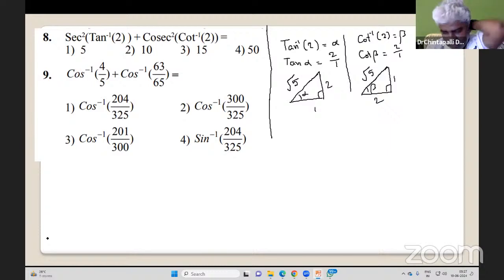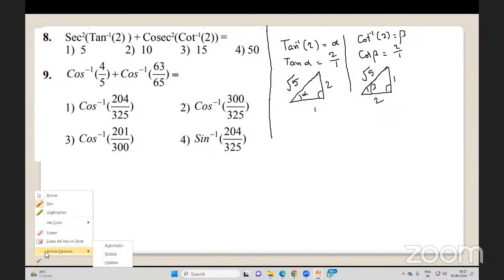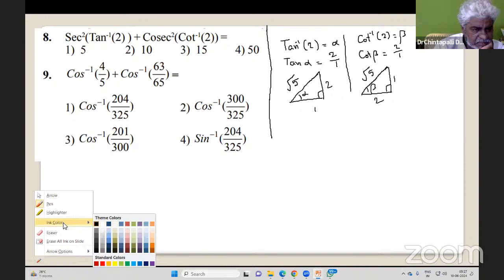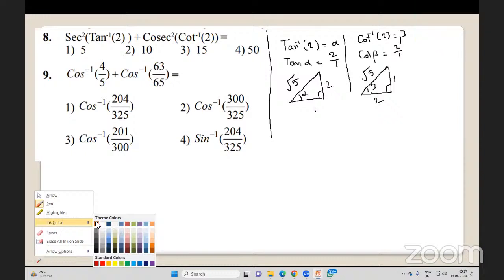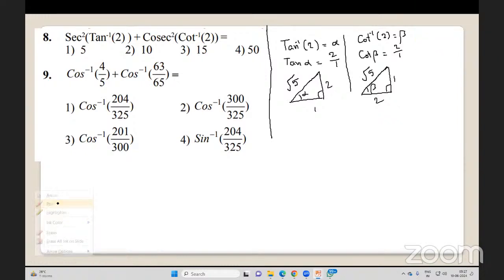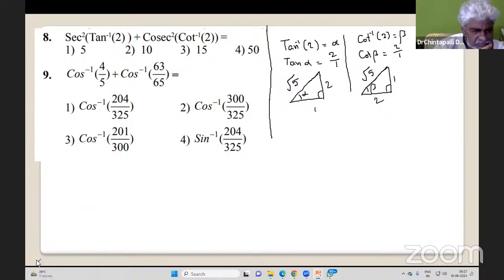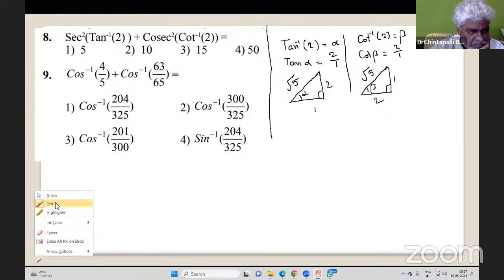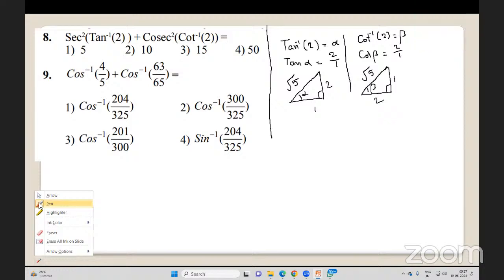Is there a way to get a thinner pen? I think you need to right click on the pen, sir, and there are options. Right click is not working there. Only left click.